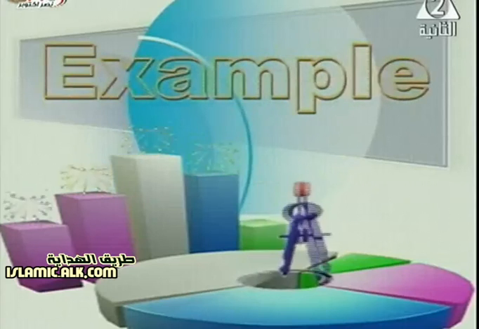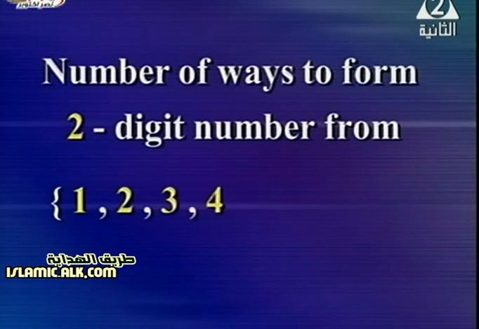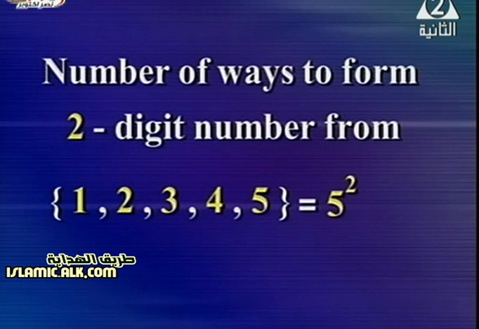Look at an example. Number of ways to form a 2-digit number from a set of numbers 1, 2, 3, 4, and 5. Remember, the number of ways to form a 2-digit number from a set of 5 cards written from 1 to 5 is 5 power 2, which is 25.